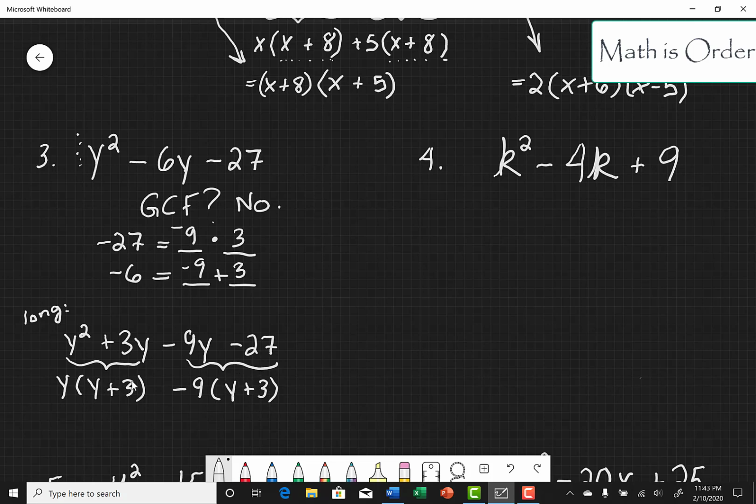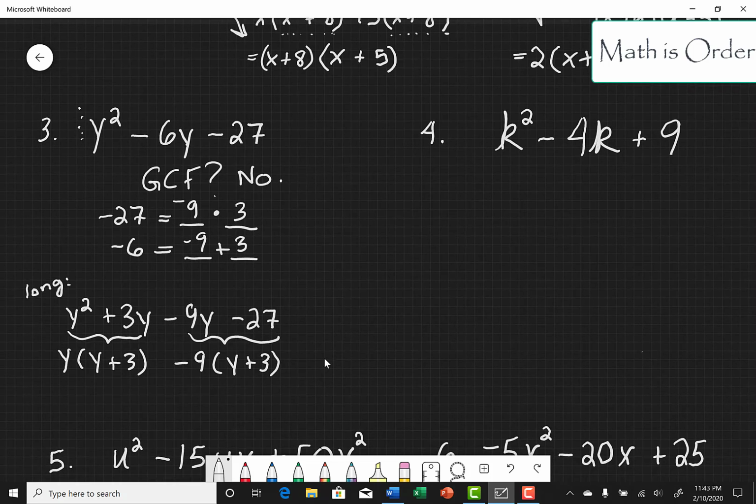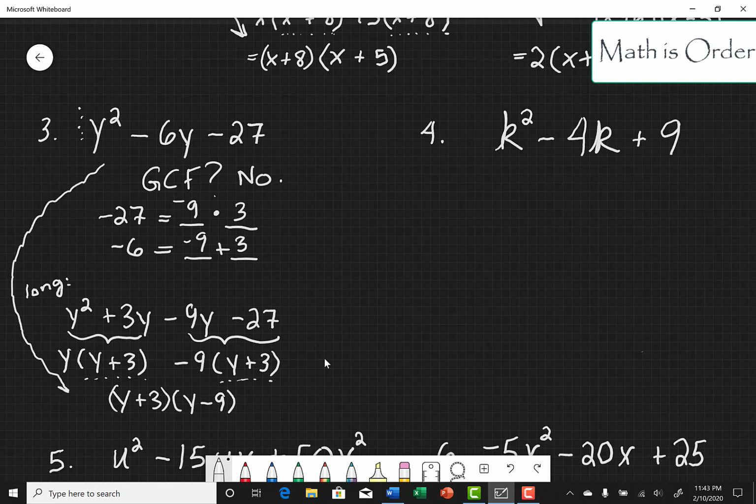We could check this one also. Now that we see y plus 3 in both terms, we go ahead and factor that piece out, and we'll be left with y minus 9, right? So this sum factors to this product, all right?